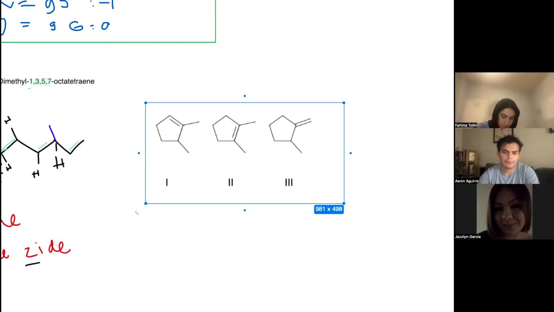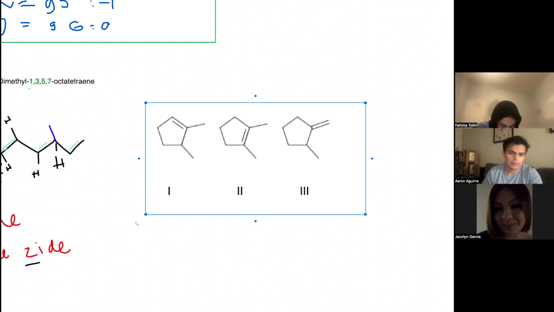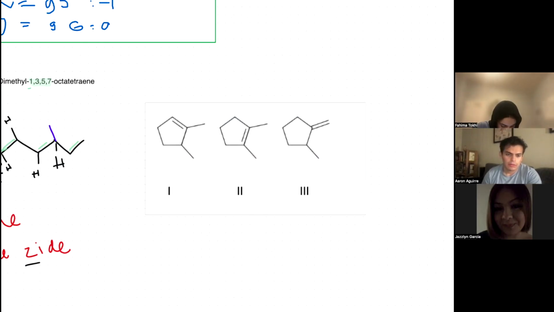Yeah. So you just look at one, two. So basically you have your double bond here, right? And then how many alkyl groups are attached to it? I'll do it in purple.